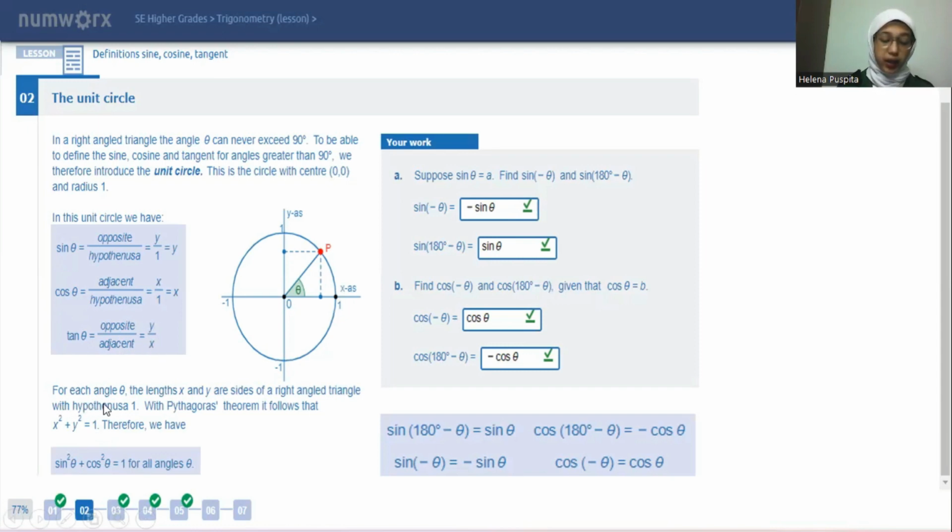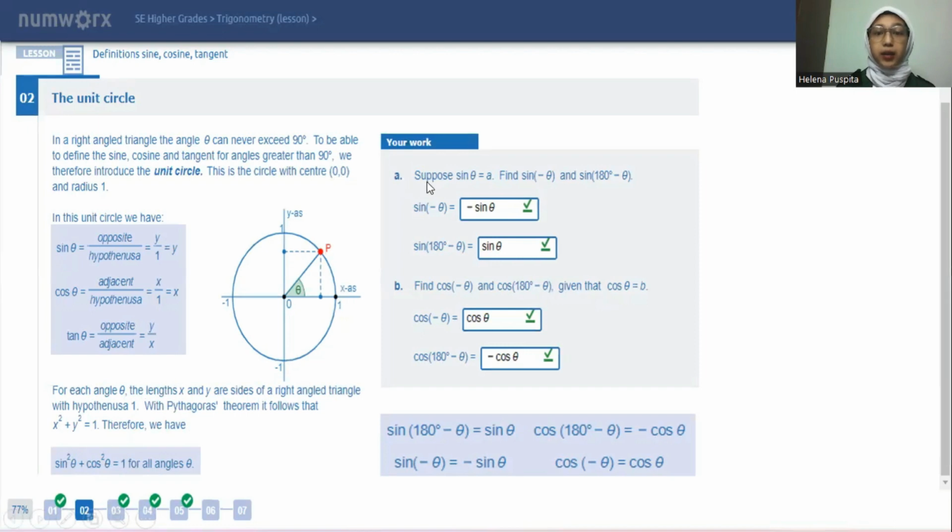For each angle, the lengths x and y are sides of a right angle triangle with hypotenuse 1. With Pythagoras theorem, it follows that x squared plus y squared equals 1. Therefore, we have sine squared theta plus cos squared theta equals 1 for all angles theta.